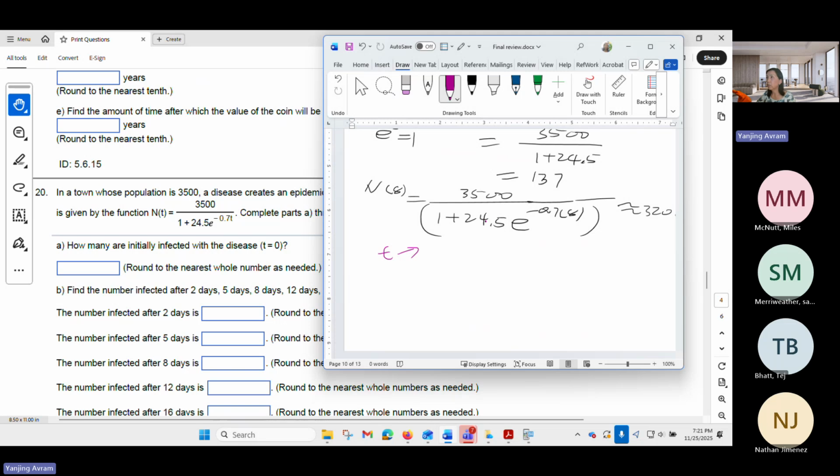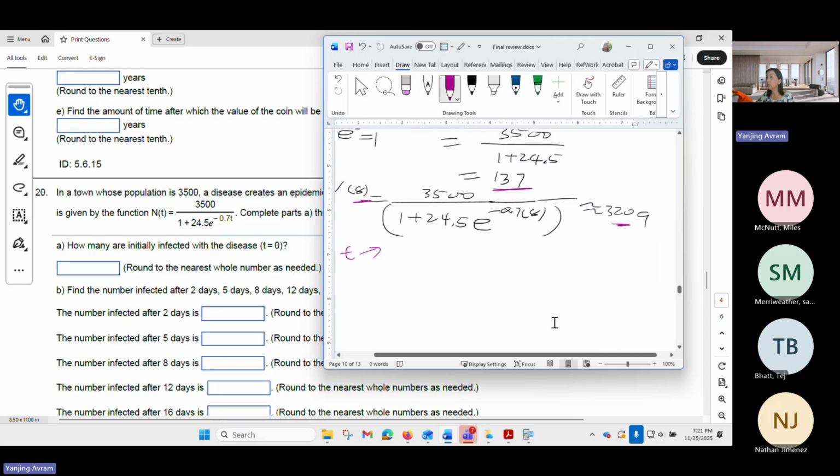We can say when t is 0, it is only 137, right? But when t equals 8, we already got 3,000 something, 3,209. So apparently when t increases, N of t also increases. Okay. But how much does it increase?